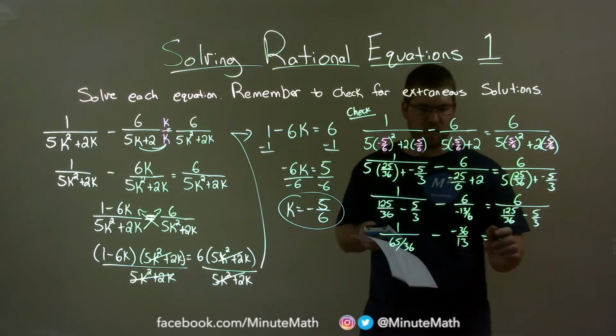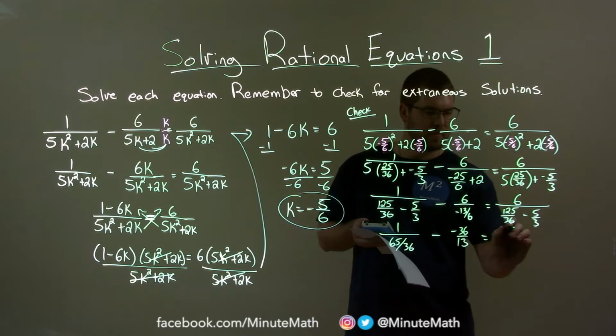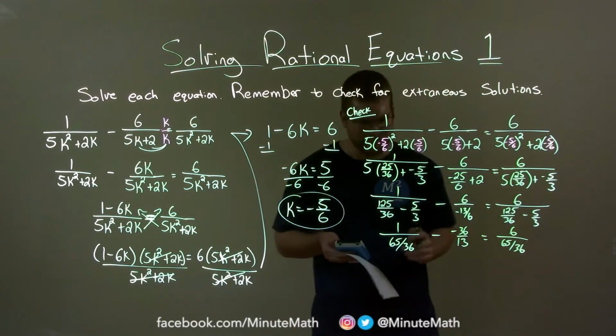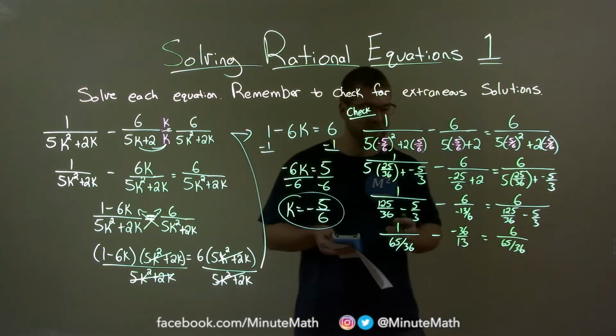And the right hand side, well, we still have the denominator the same, so we have 6 over 65 over 36. So let's keep going here.